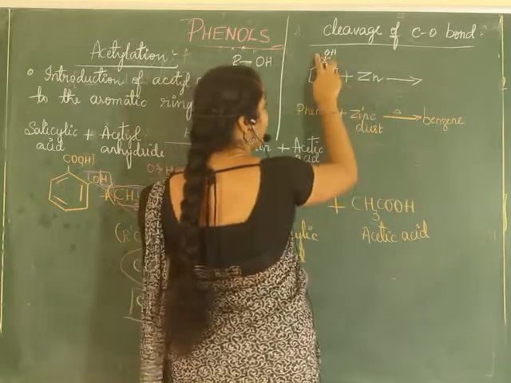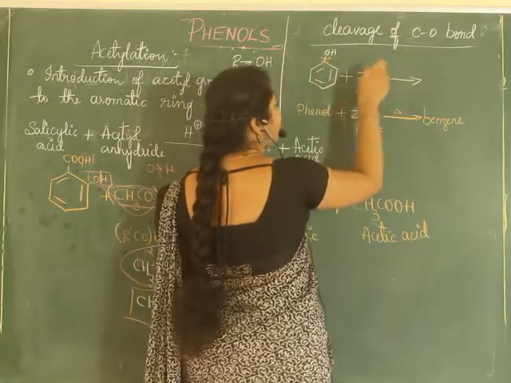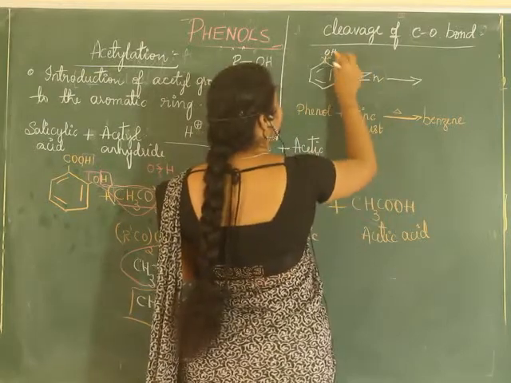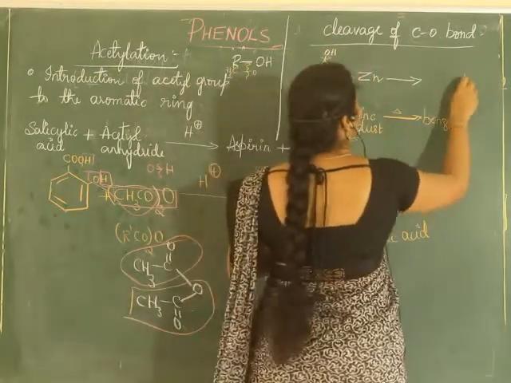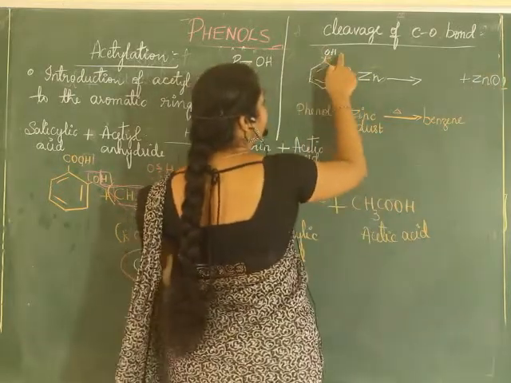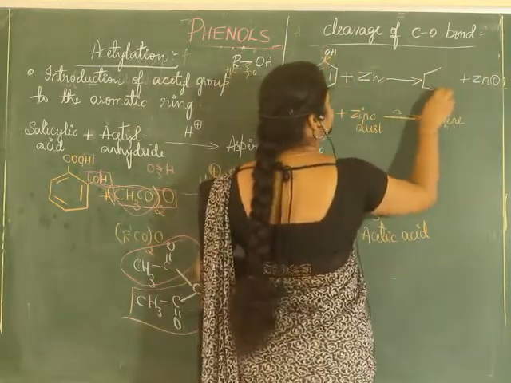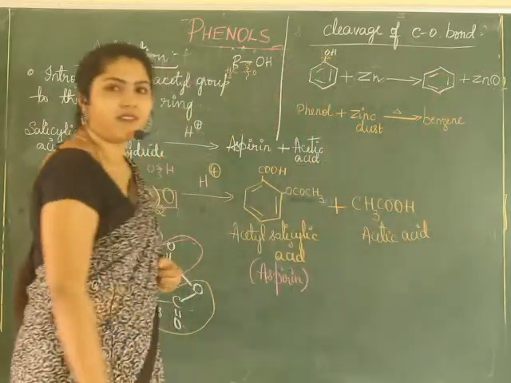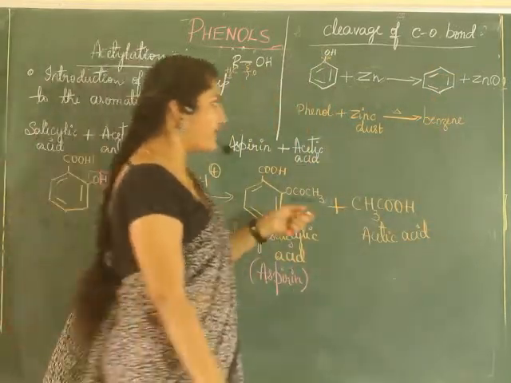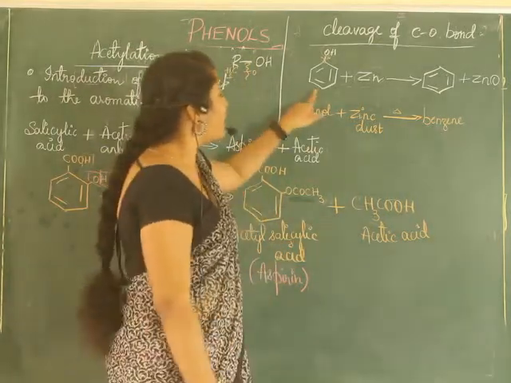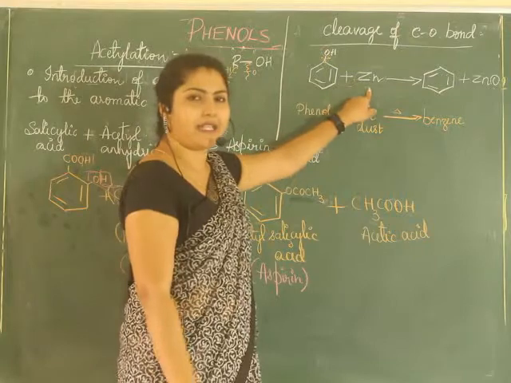With zinc dust, the breakage takes place here. The Zn takes the oxygen to form ZnO, whereas hydrogen gets attached in this place and it becomes benzene. Very easy. You have studied this reaction, maybe in the hydrocarbon unit.